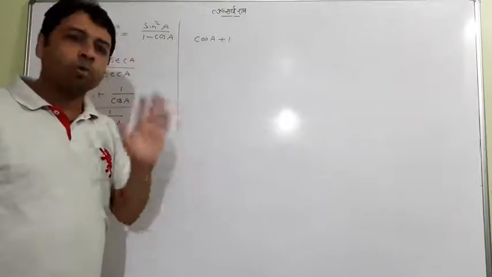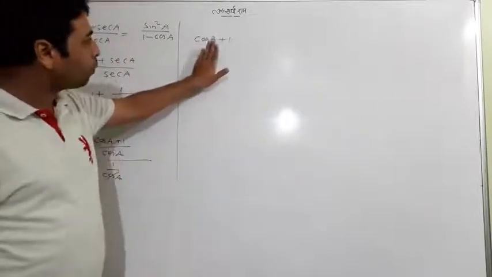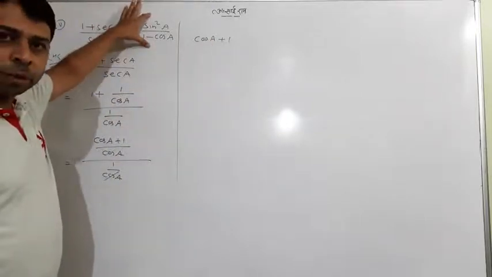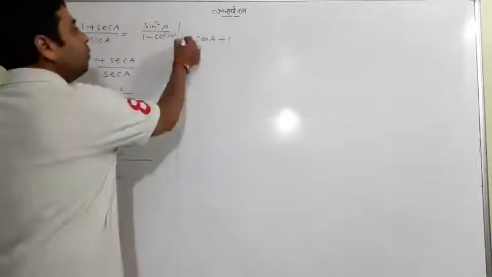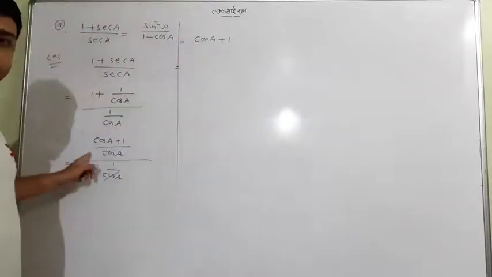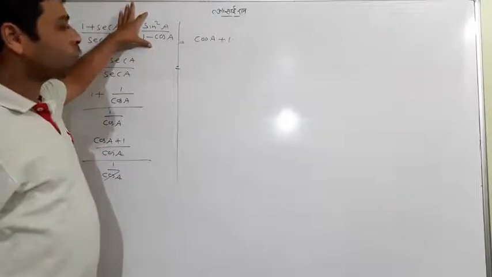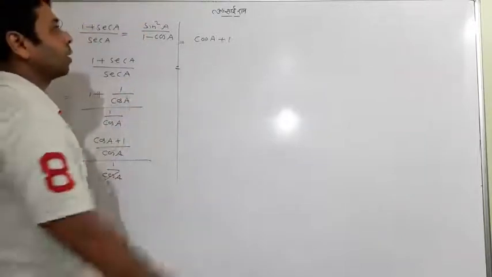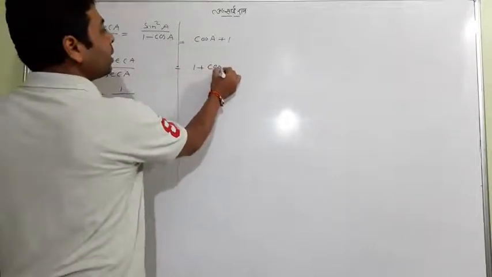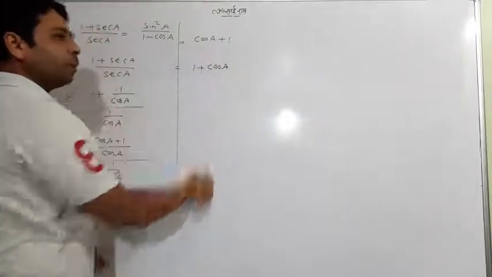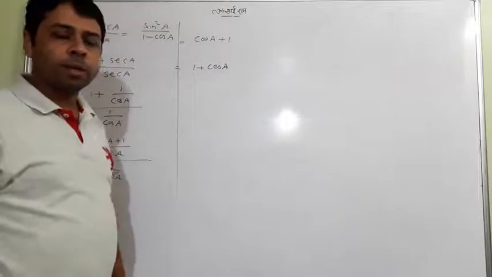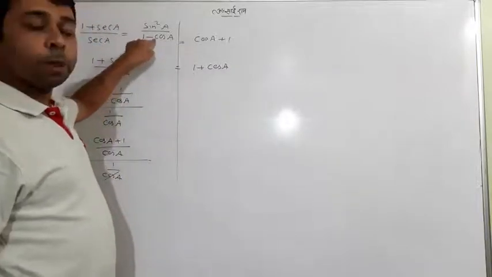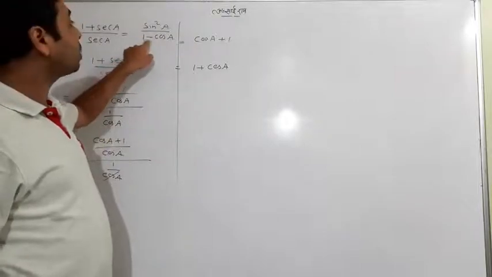But okay, I won't go by this method. I just took the left hand side and I will reach it from this step. So look at the term which we have got after this. I want to reach sine square upon 1 minus cos a. So what I will write, look at. First, intentionally, instead of cos a plus 1, I am writing 1 plus cos a. That doesn't matter. And look at what I need in the denominator: 1 minus cos a.